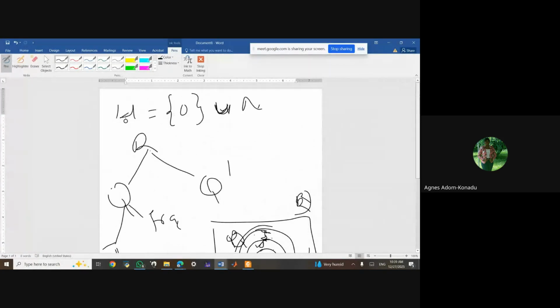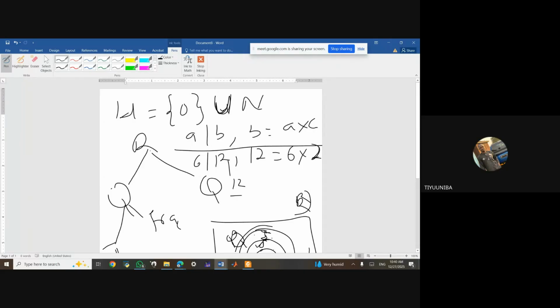And from the explanation given, we are told that if a divides b, then I can write my b as a times c. So if I have 6 divides 12, I can write it as 12 is equal to 6 times 2. This is the same as 12 over 2 over 6. Are you okay?